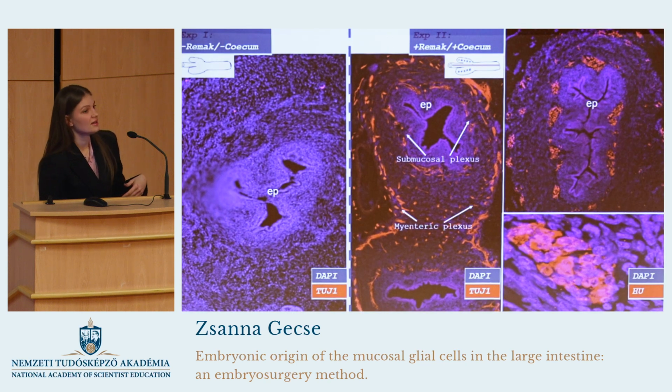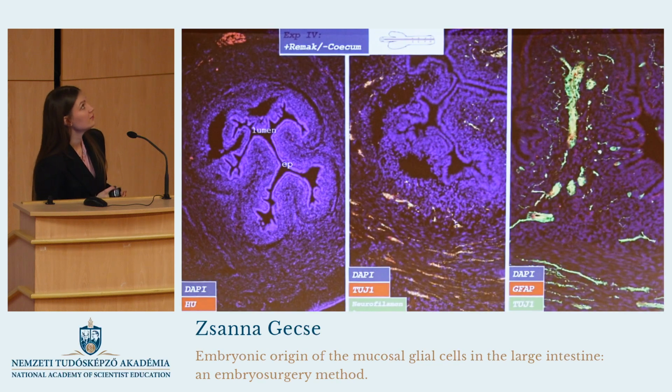So as you can see, in the negative control you can find 0 neural elements, and in the positive control you can see a fully formed intestinal wall with the double plexus, so the submucosal and the myenteric plexus. And the interesting part comes at experiment 4, when I only left the remak ganglion on the intestinal walls.